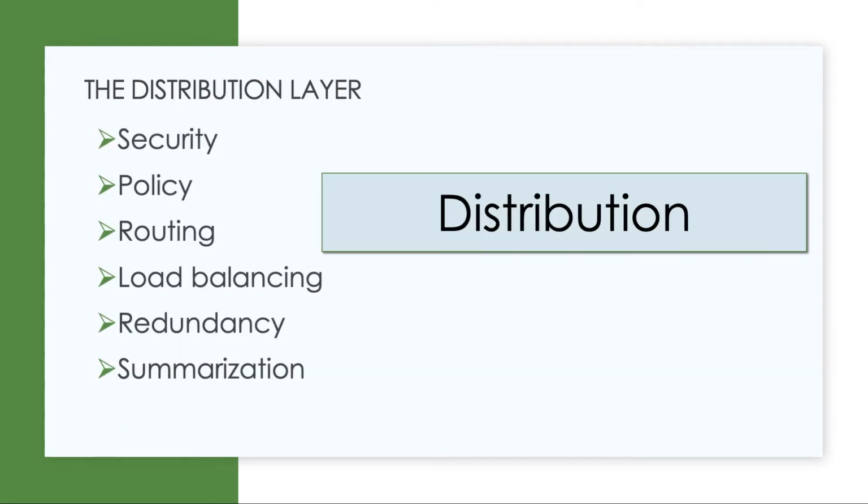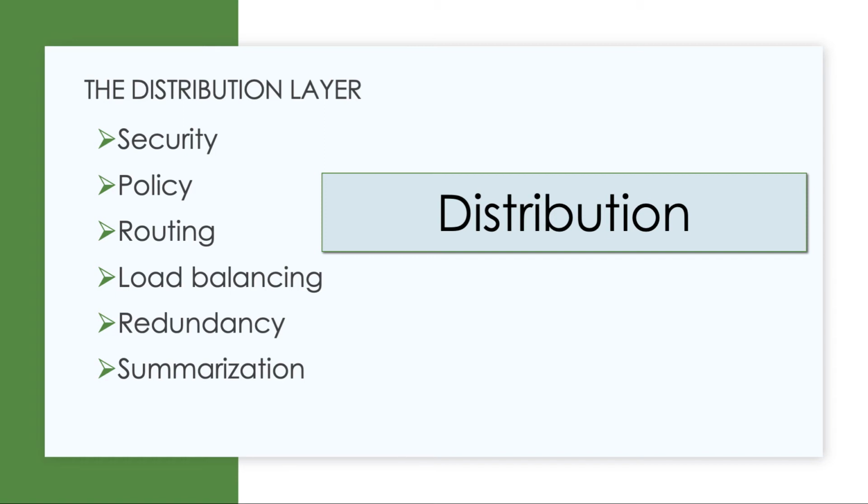The distribution layer features a lot of security and a lot of routing policy and just routing in general. Load balancing is often done here, and we begin to get into redundancy. Since this layer is so incredibly critical, we want to have redundant gateways, redundant paths, even redundancy inside the Cisco devices, multiple power supplies, multiple line cards, multiple supervisor engines.